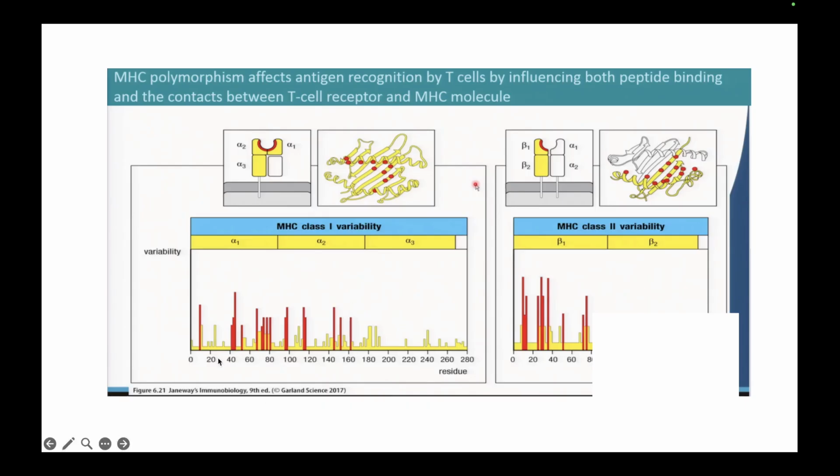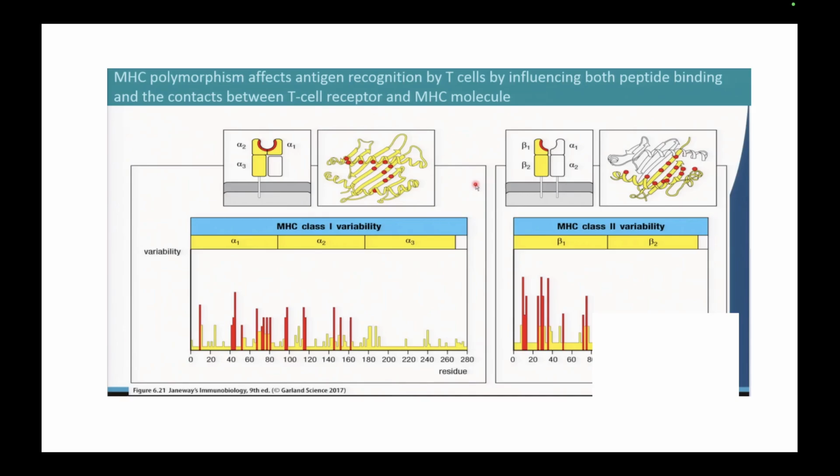That polymorphism is coming majorly in the amino acids or the gene sequence present in this cleft, because that cleft is where the antigen is binding, and the polymorphism is for that purpose only, so that it can bind with different kinds of antigen.